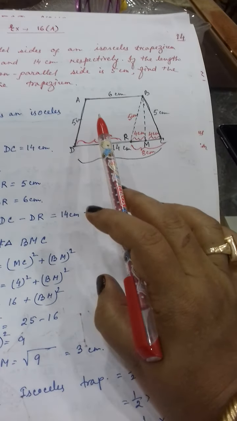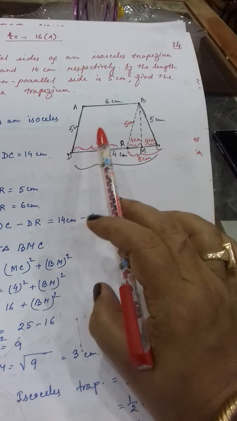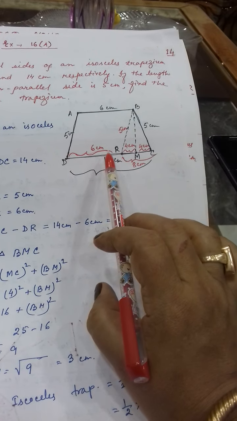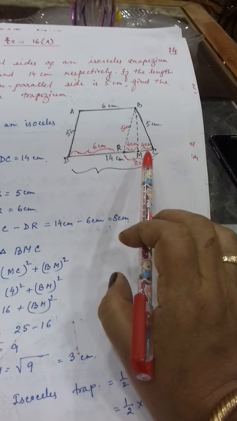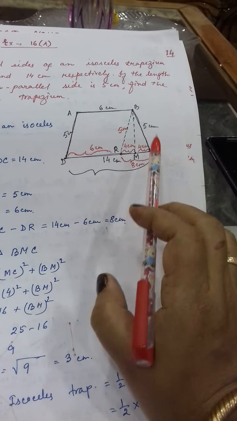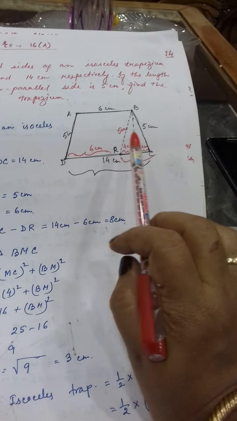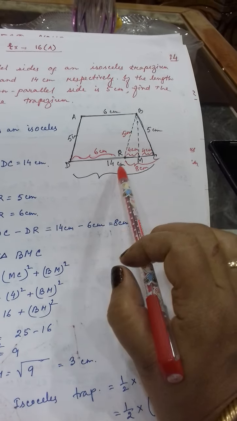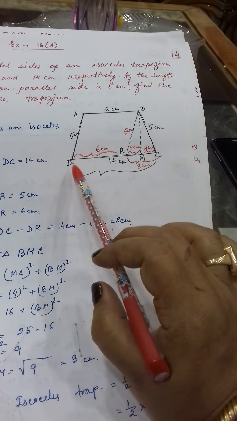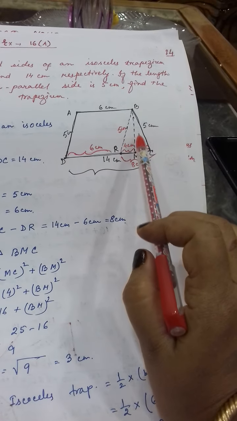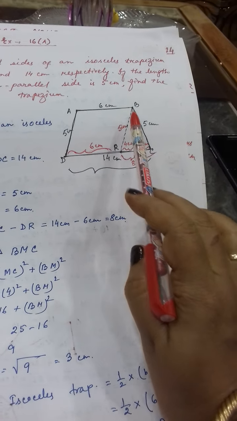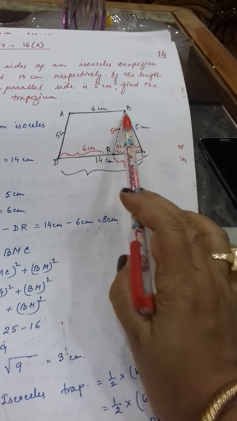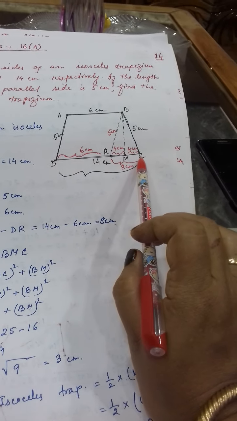Now for a trapezium, to get the area of trapezium you require two parallel sides and height. Yes or no? So at first you have to find out the height or altitude. Now after drawing this imaginary line segment parallel to AD, you draw a median. That means you draw a perpendicular distance from B on CD.